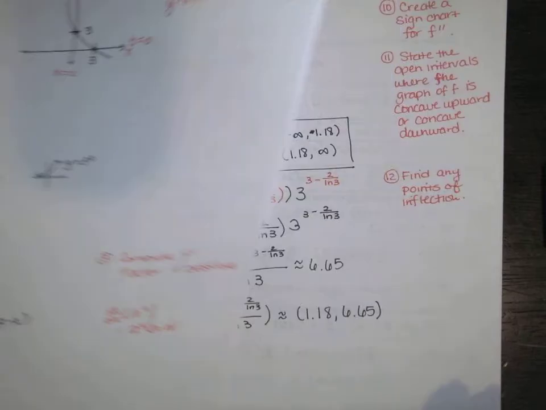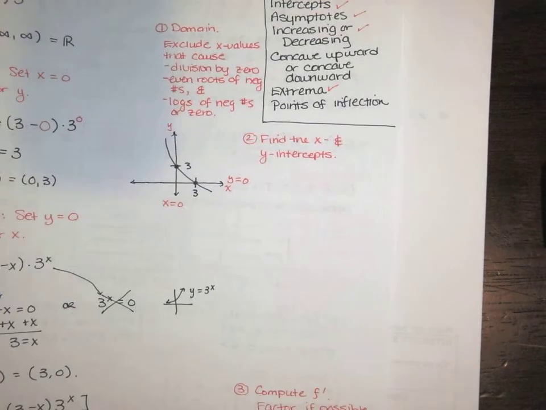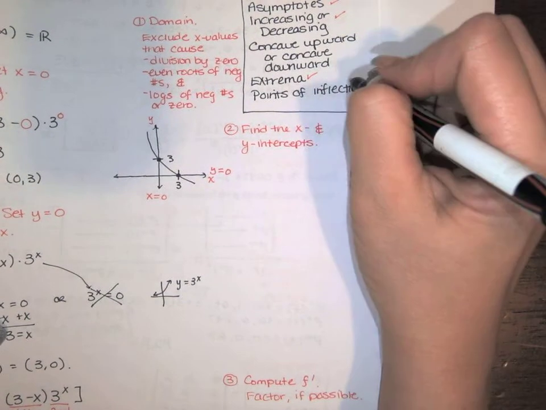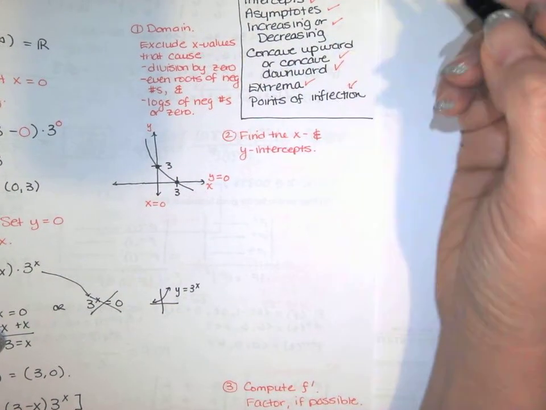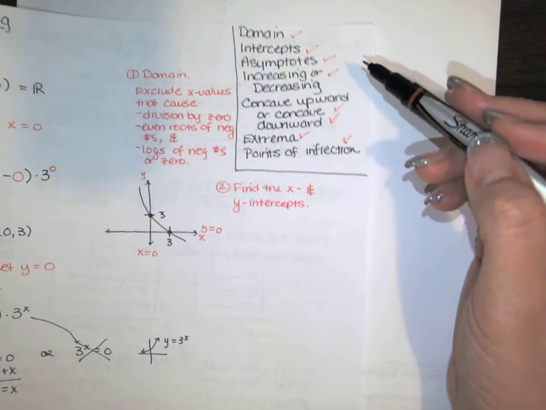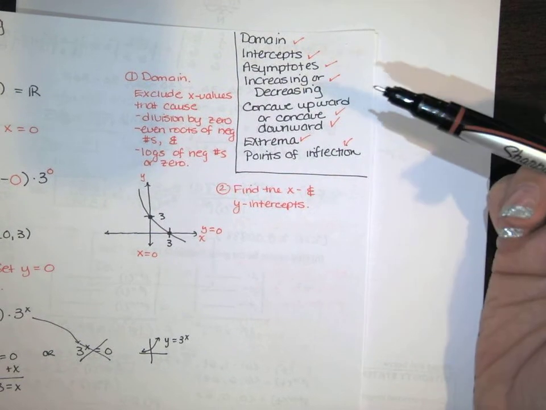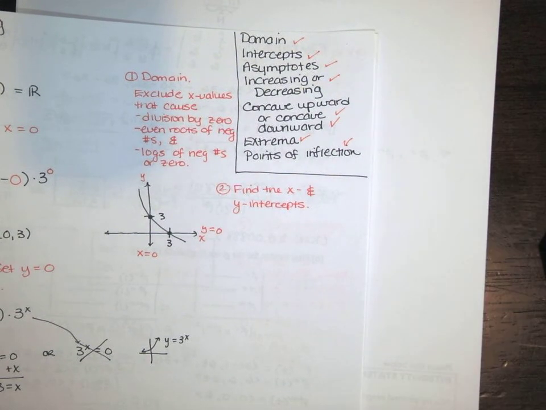Okay, I think we have enough information to graph this function. We know where the graph is concave upward, concave downward. We know where it's increasing and decreasing. We know the intercepts. We know the domain. There were no asymptotes. So let's put all of those pieces together to graph the function now.